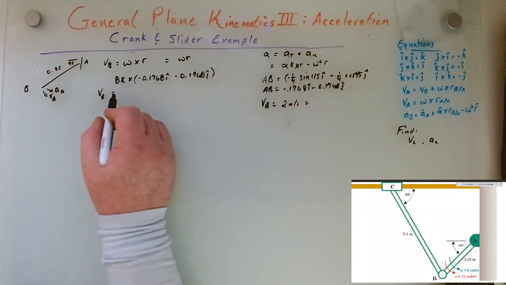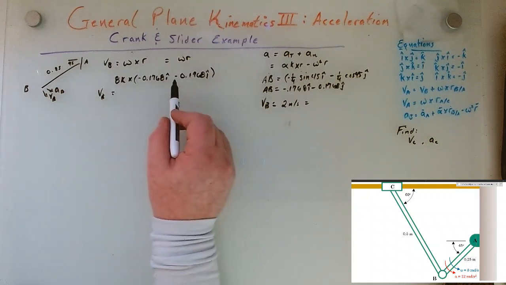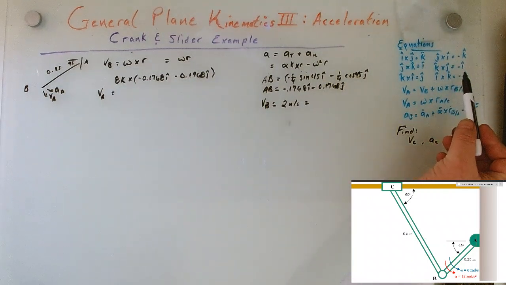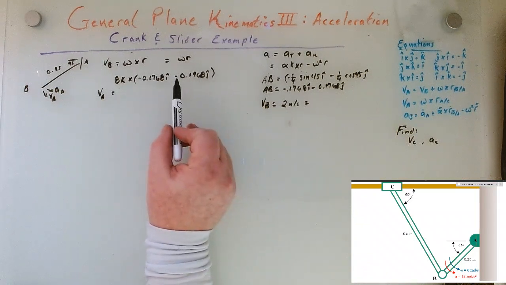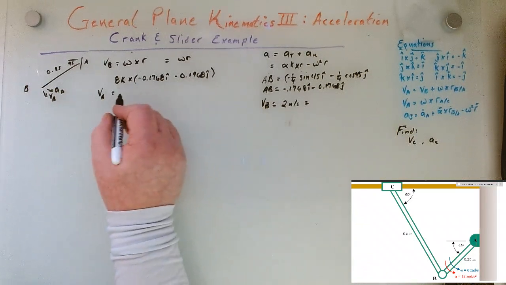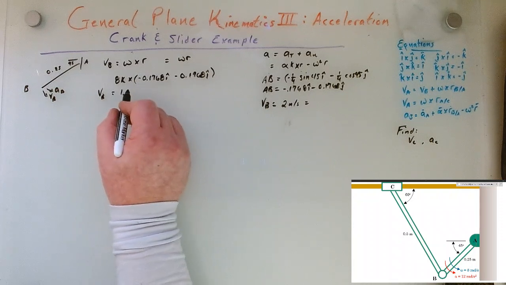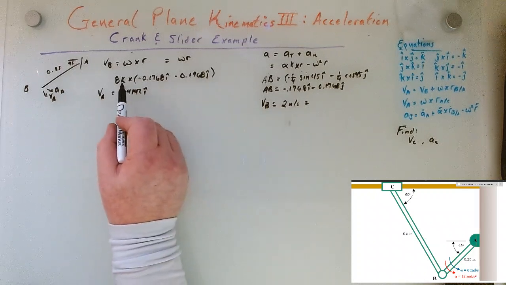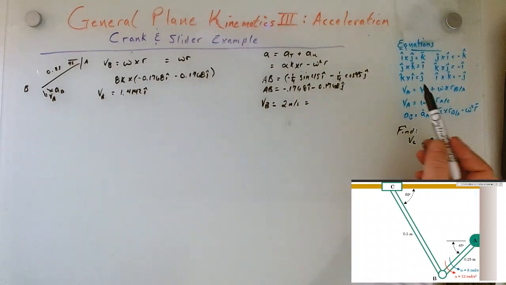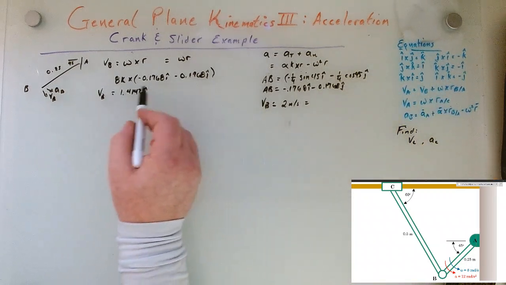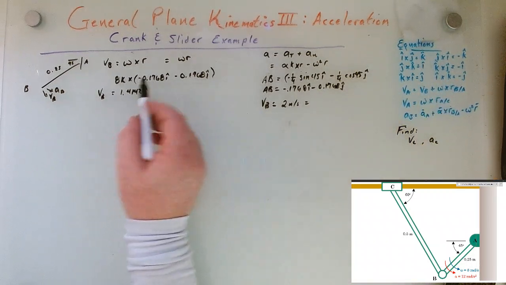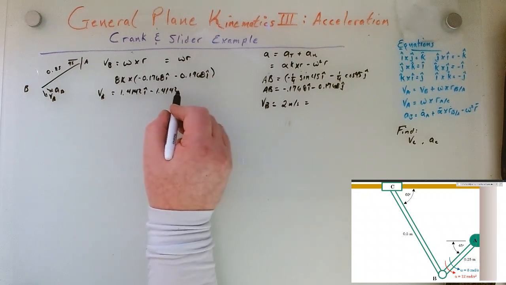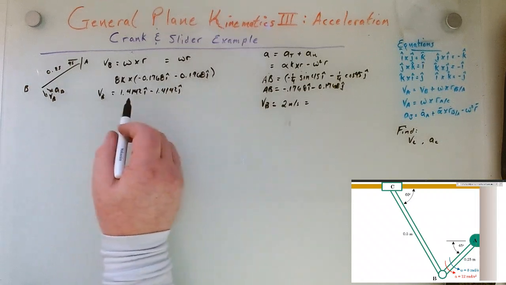K cross j is negative i, and it's already a negative, so it's positive, so this is going to equal 1.4142 i. Then k cross i is positive j, but there's a negative, so minus 1.4142 j. So this is our VB.